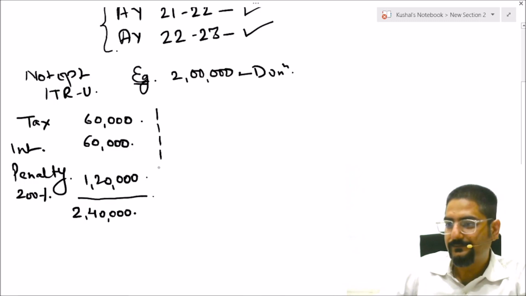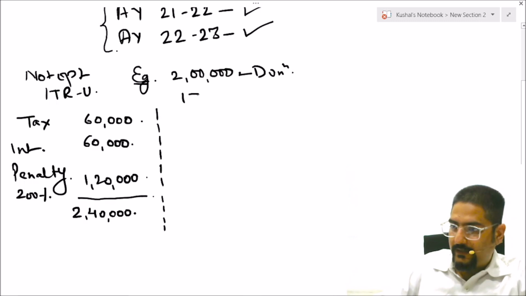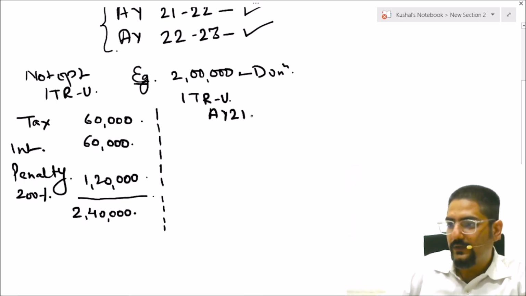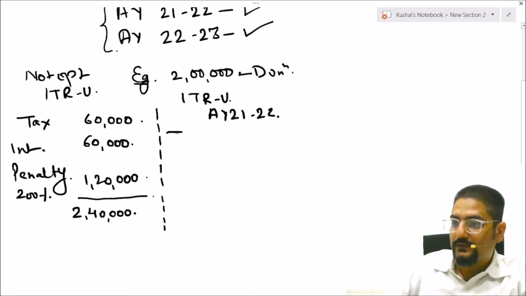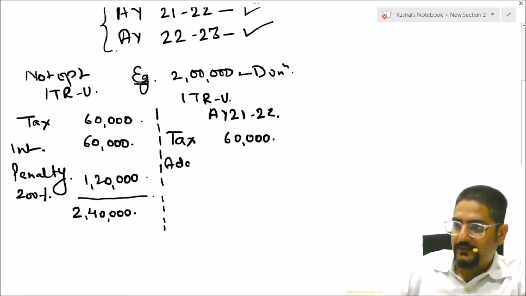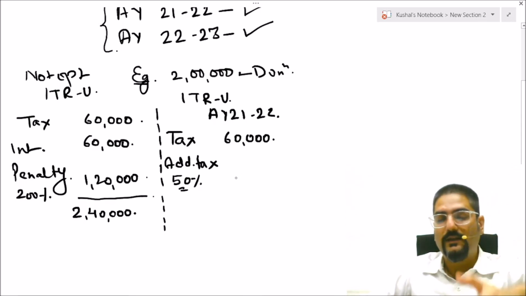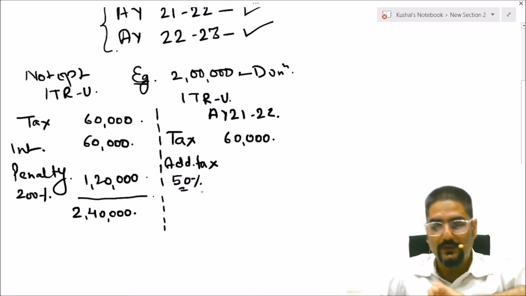Now next, if you opted to file ITR-U and the case pertains to AY 21-22, the tax amount is the same, that is 60,000. You have to pay this, right? And additional tax you have to pay for filing of updated return is 50% of the normal tax, because you are filing it within the period of 12 months to 24 months.